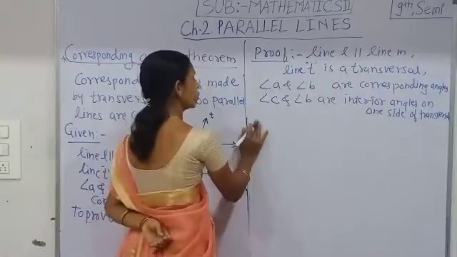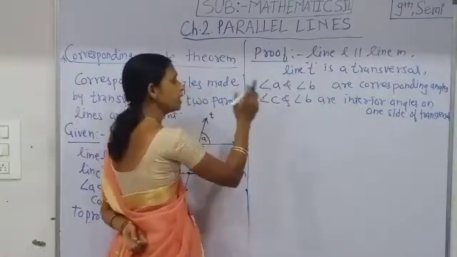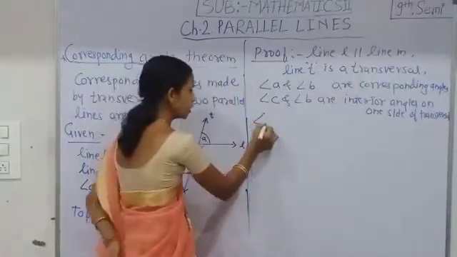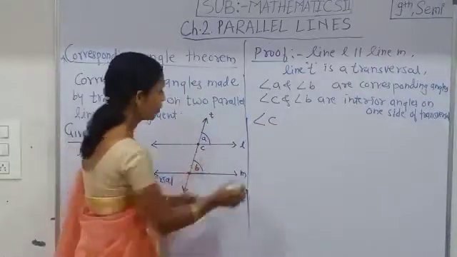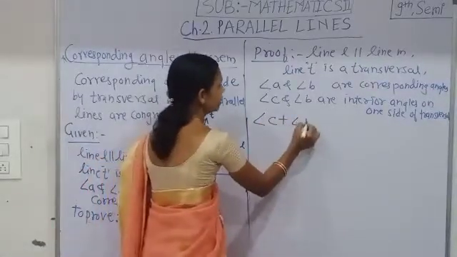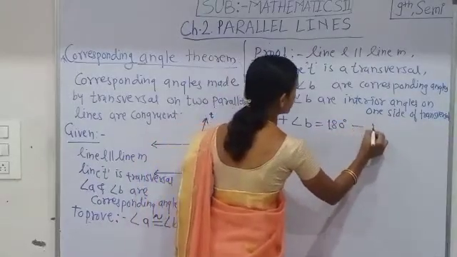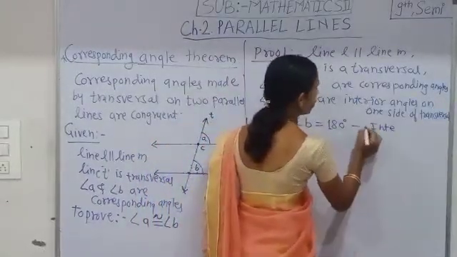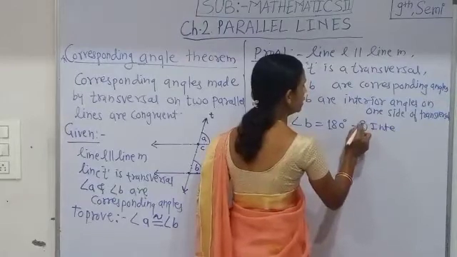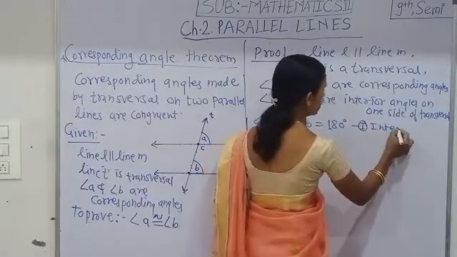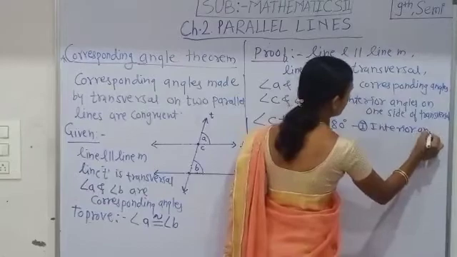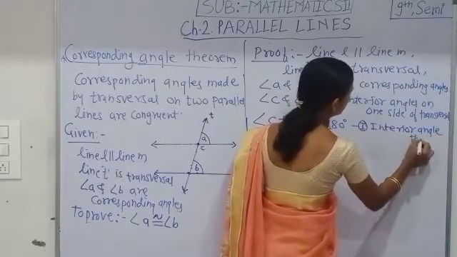Therefore, according to the interior angle theorem, angle C plus angle B is equal to 180 degrees, because we have already proved the interior angle theorem.